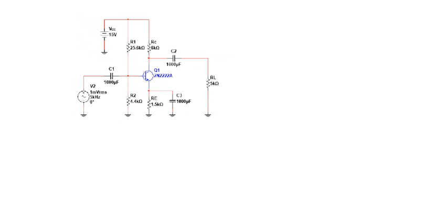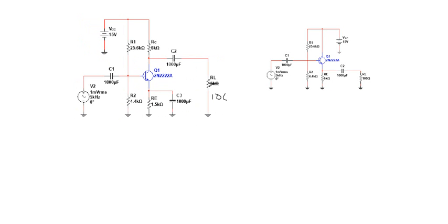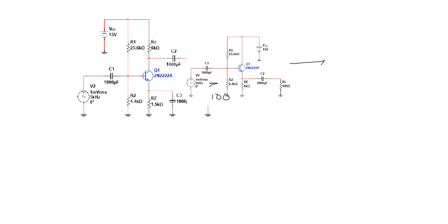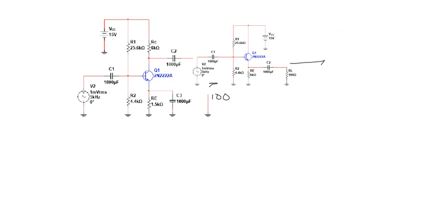Let's pretend I had a 100 ohm load here. That means it's going to pull my gain of my common emitter way down. So what I do is I stick this emitter follower right there.